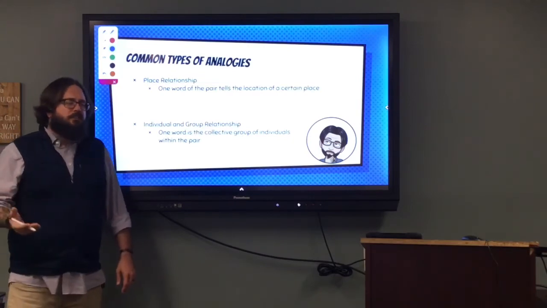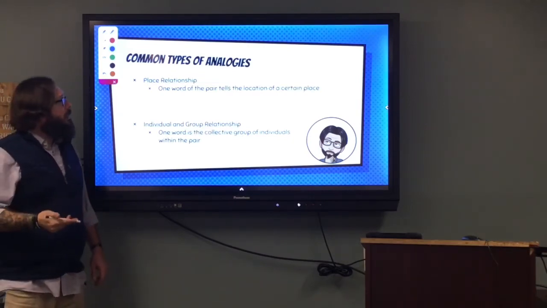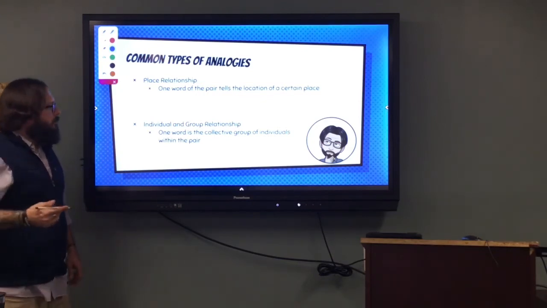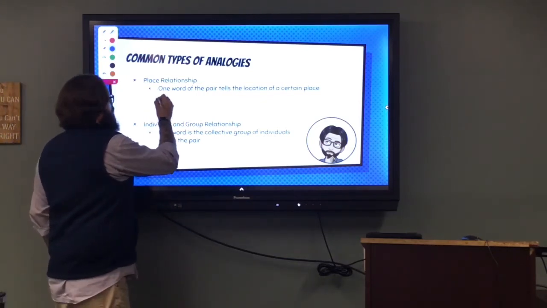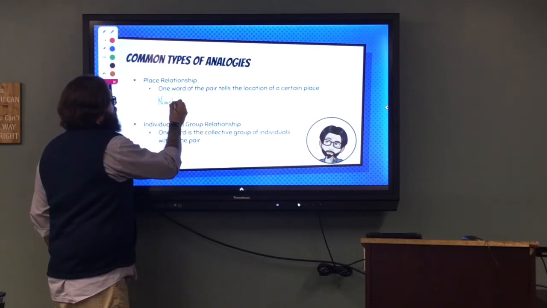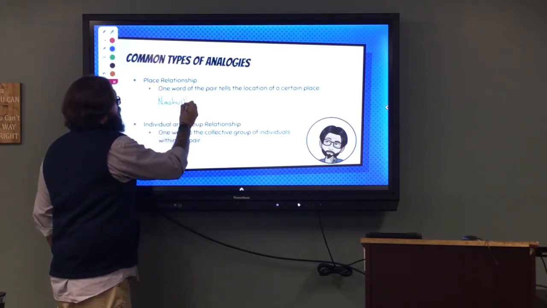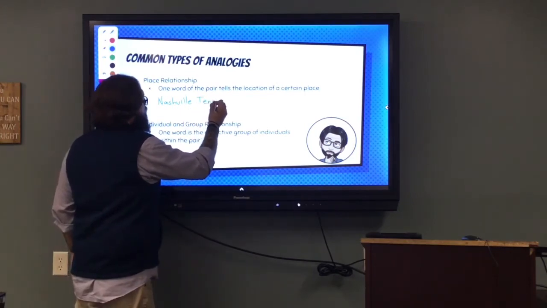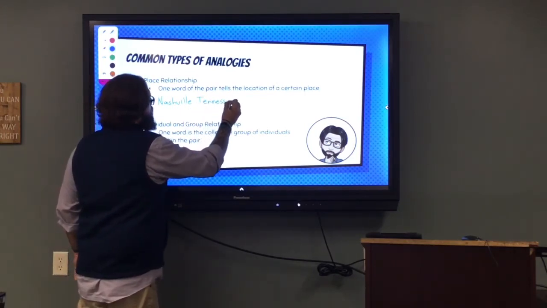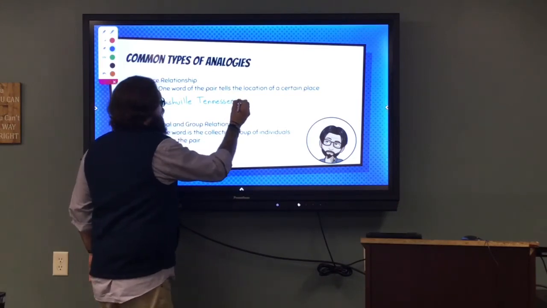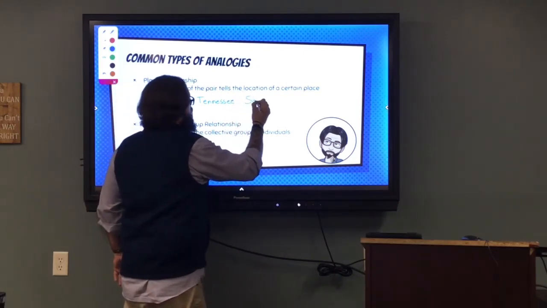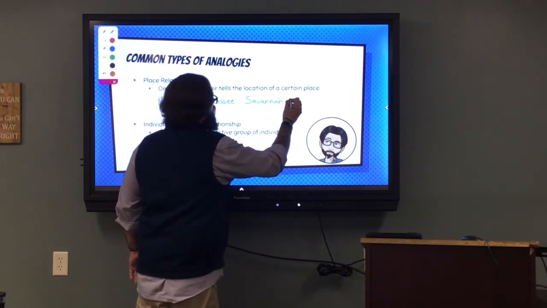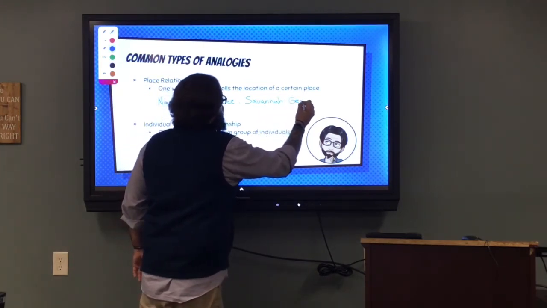The place relationship occurs when one word of the pair tells the location of a certain place. For example, Nashville is to Tennessee as Savannah is to Georgia.